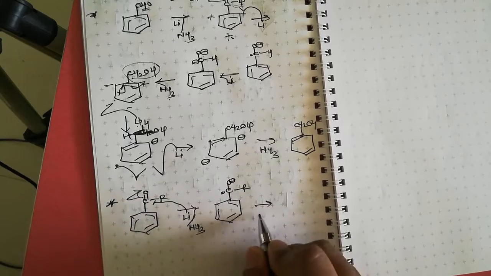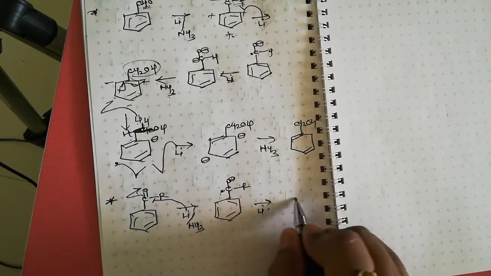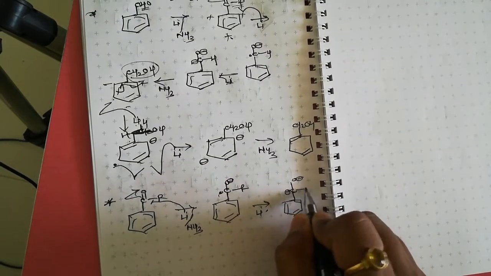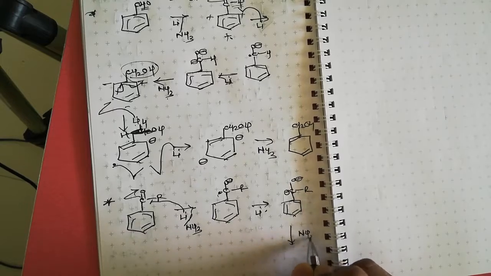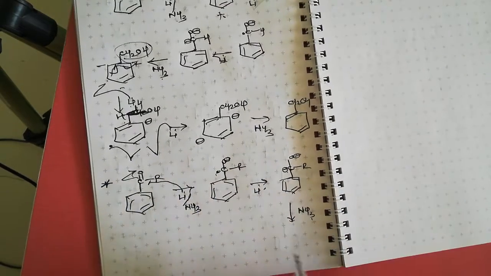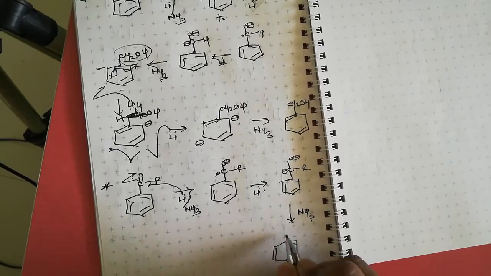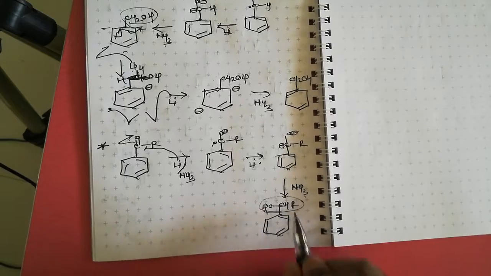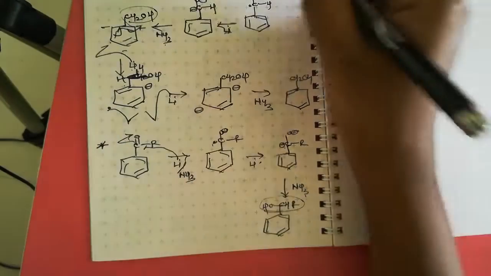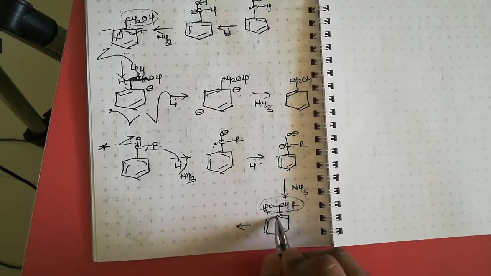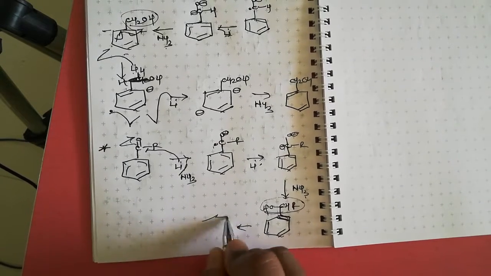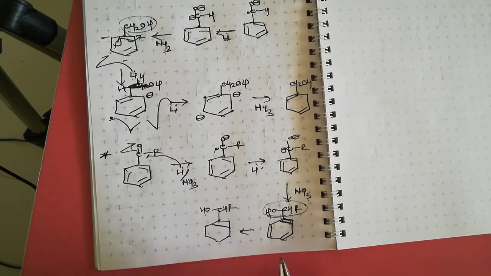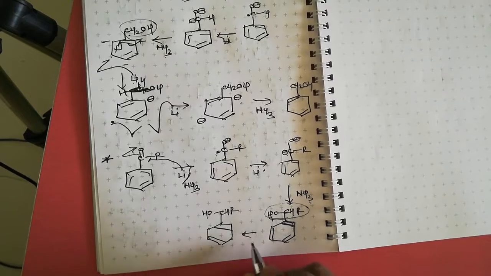Then again lithium transfers its electron to this radical and we get C negative charge, O minus, R. Then ammonia transfers its proton to these two negative charges and we get CHROH, and this group is an electron donating group. If there is an electron donating group, then we get this type of product. This double bond remains as it is, this double bond remains as it is, here CHROH, and here we get a double bond.